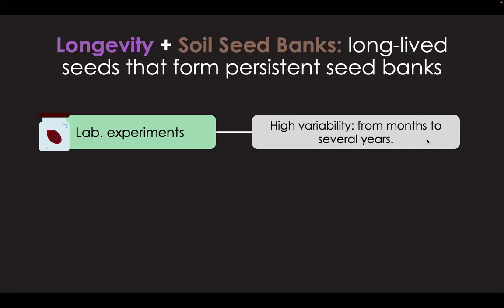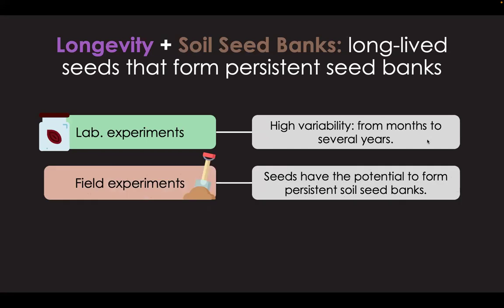But we really do need more studies about the longevity of these seeds because, considering the high taxonomic and ecological diversity of the family, we do really need more studies about seed longevity.